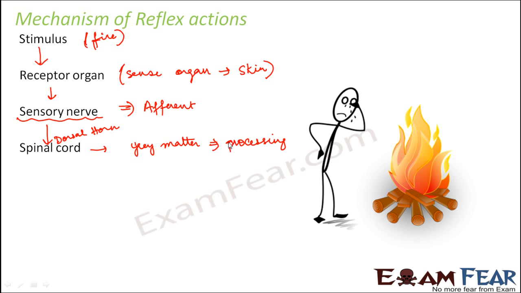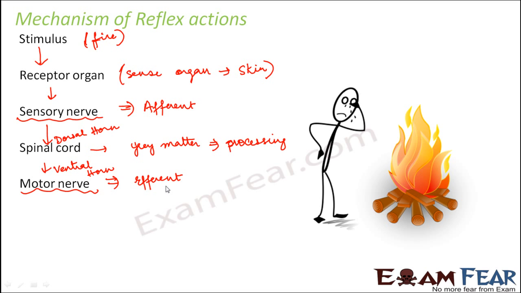So all types of processing will take place, and then again from the spinal cord, it will move to the motor nerve. How? Through the ventral horn, because the ventral horn of the spinal cord is connected to the motor nerve. So the motor nerve, which is also known as the efferent nerve fiber, will carry the response. The response is also in the form of an electric impulse.